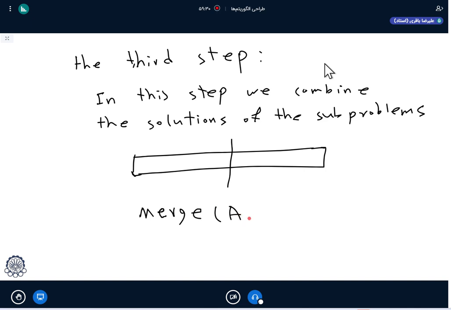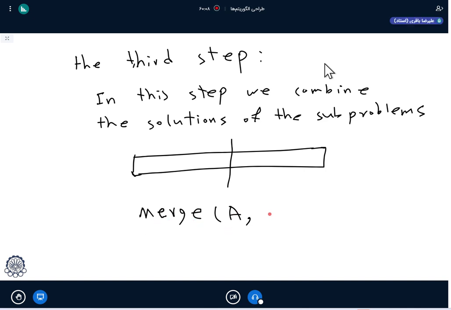Merge is an algorithm that we should present to combine the two sorted parts, and its output is the sorting of the total array. A sorted total array is its output.